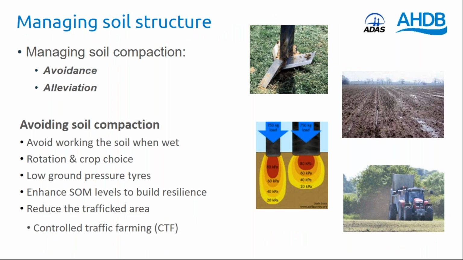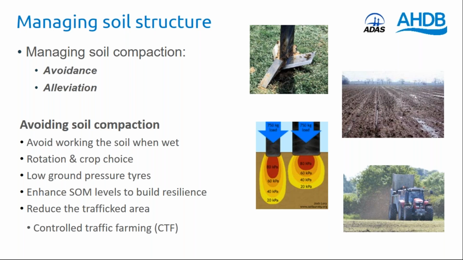So if we just move on to the next slide, just to quickly summarise before we have some questions: what do we do if we've got soil structural problems? Obviously, in terms of alleviating it, it's getting your spade out, looking to see where the compaction is, and probably managing our cultivations accordingly. So it might require getting a subsoiler out.